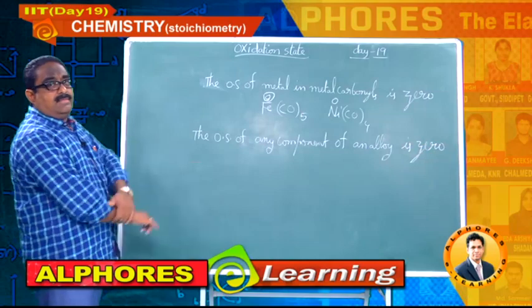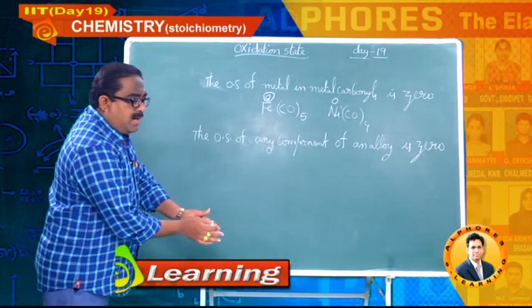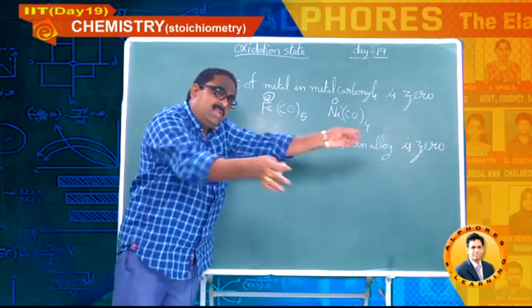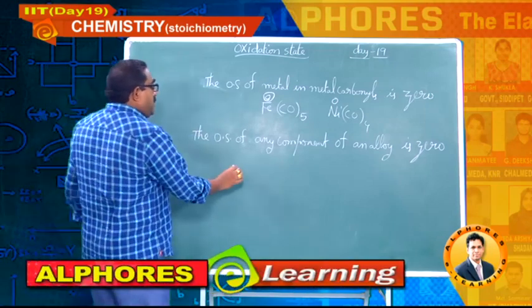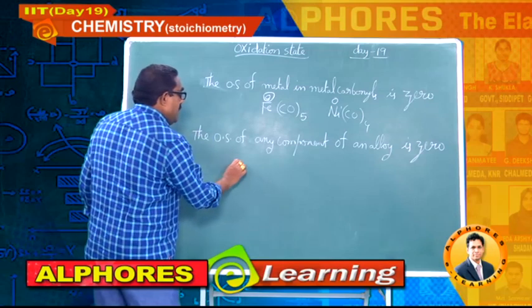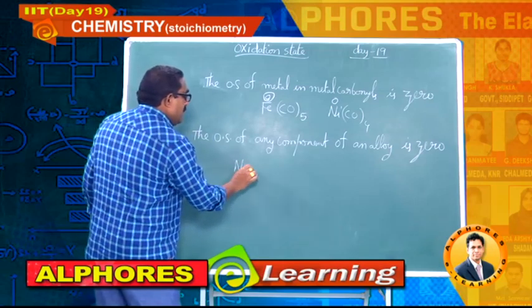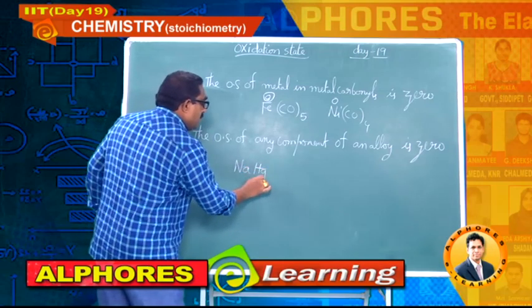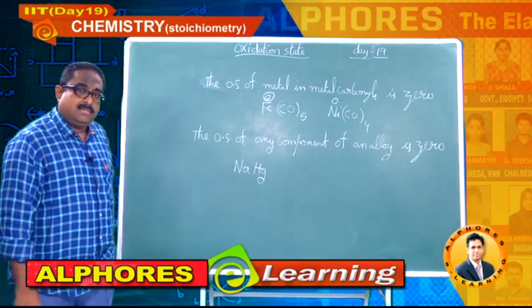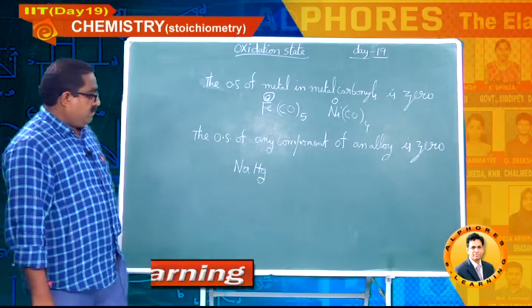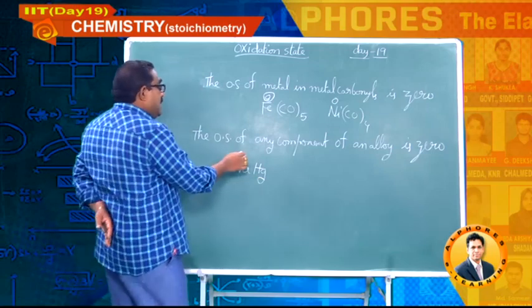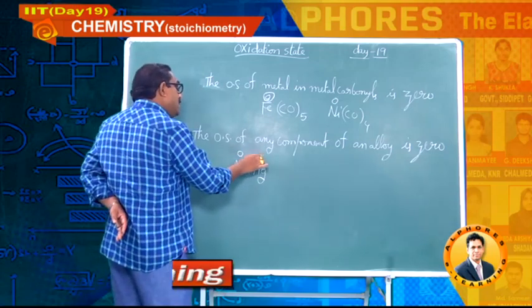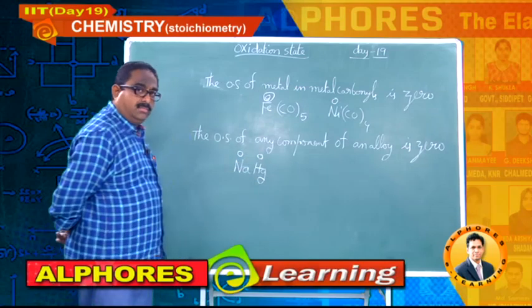What is an alloy? A mixture of two or more metals or a mixture of a metal with a non-metal. Suppose I take sodium amalgam, where sodium and mercury are the components of the alloy. If you take this alloy, the oxidation state of sodium is 0 and that of mercury is also 0.